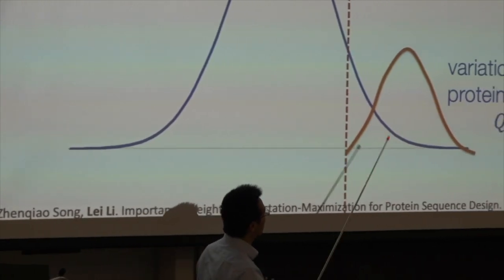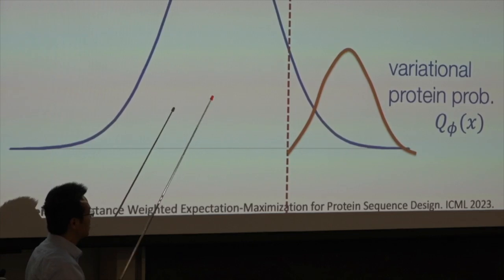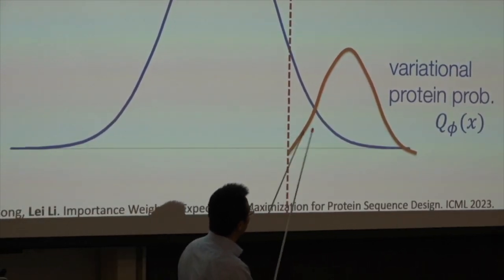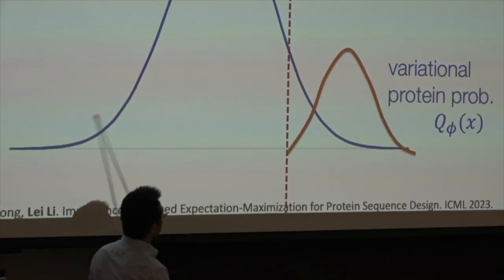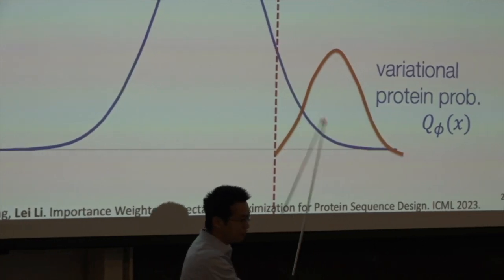So you have a very low probability to get high quality proteins. How do we deal with that? We propose a method called ESM Pro. The key idea is, we have the raw data generation probability, and we have the high quality ones here.